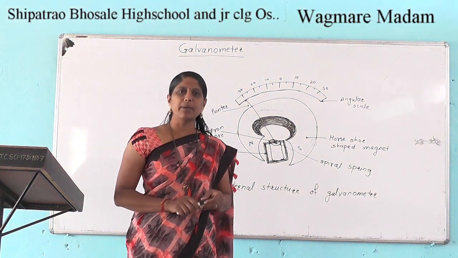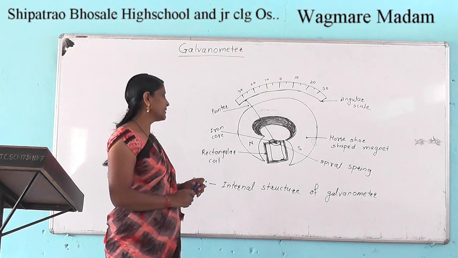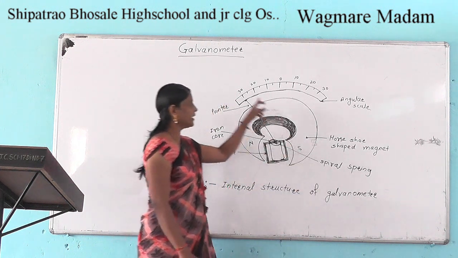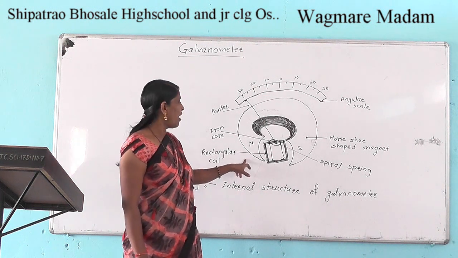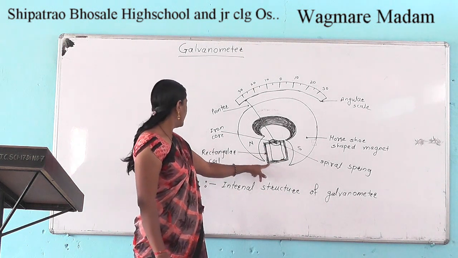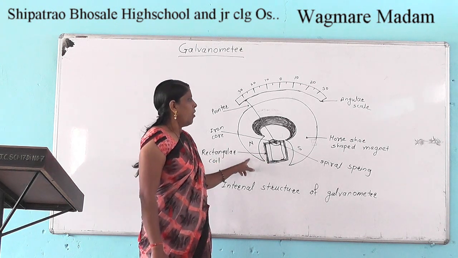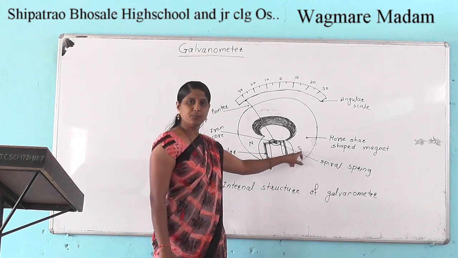Now we will discuss how this galvanometer is constructed. Here the internal structure of the galvanometer is given. This galvanometer consists of a rectangular coil. This rectangular coil is suspended between two horseshoe-shaped magnets, N pole and S pole.